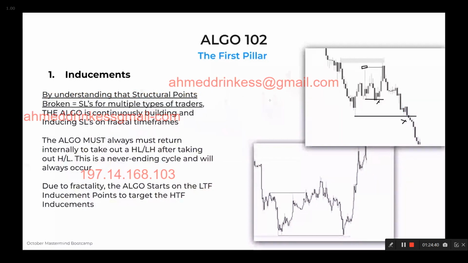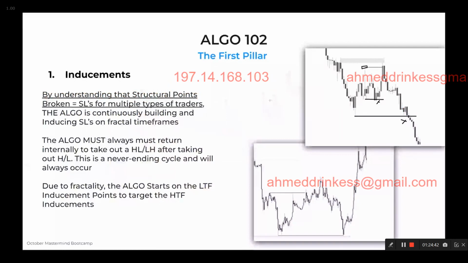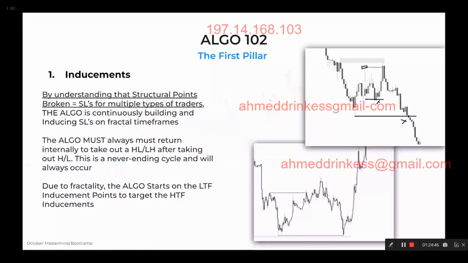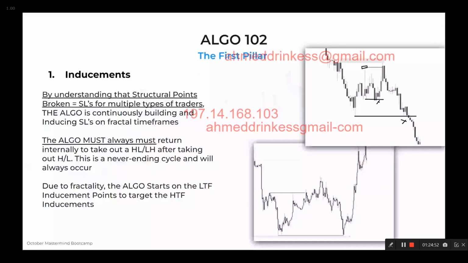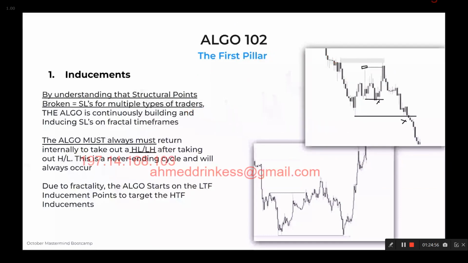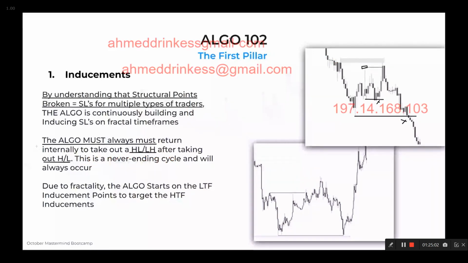So understanding that for every buy stop loss that happens, an immediate sell stop loss needs to happen after that, and vice versa. The algo must always return internally to take out a higher low or lower high after taking out a higher low. Very, very key point right here.